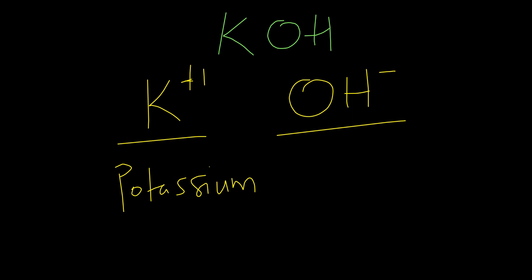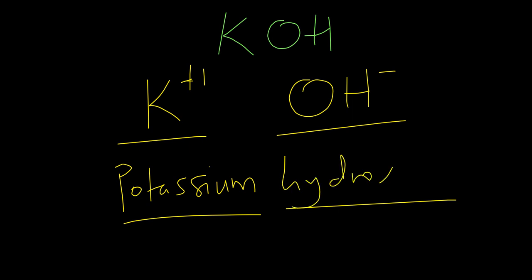The answer is no, because potassium is in group 1, and group 1 elements have fixed oxidation state of +1. So we do not need the oxidation state in parentheses. We just move straight away to the hydroxide. That will give us the hydroxide. And we are done. So potassium hydroxide.